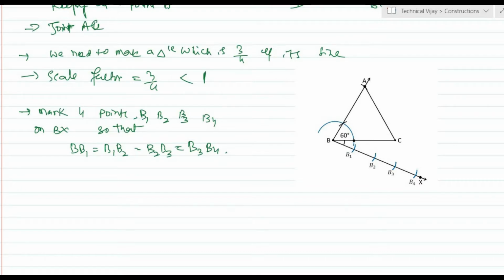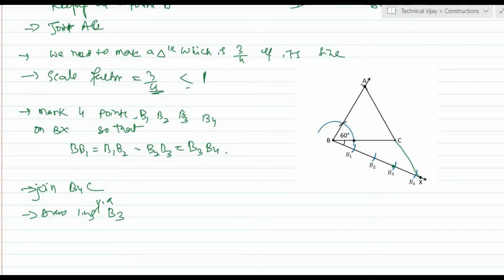So after that, join B4C. So this B4C we have to join here. Then draw a line through B3, here this is B3, because this is 3/4, which is less than 1.